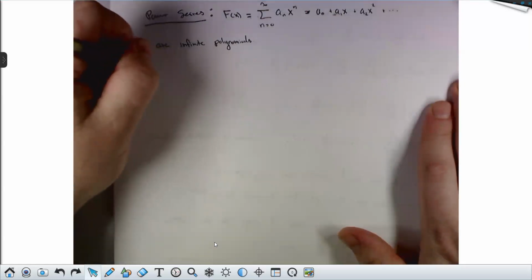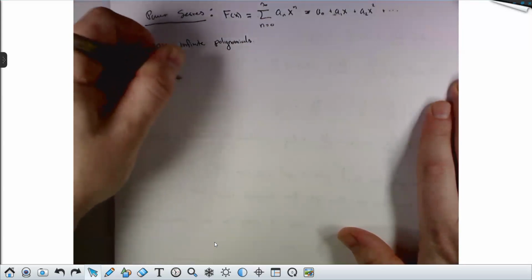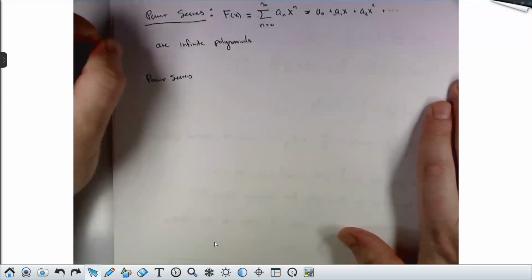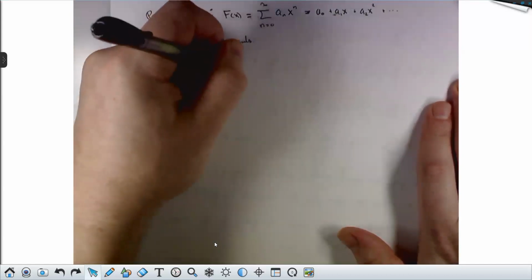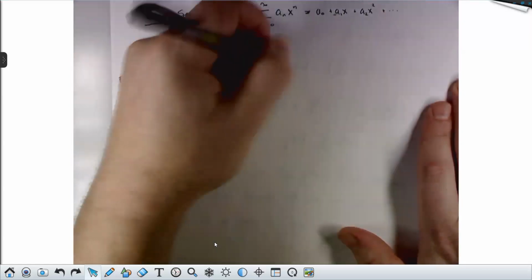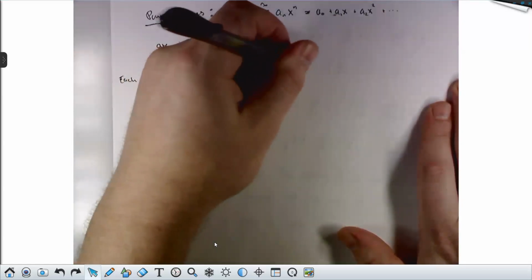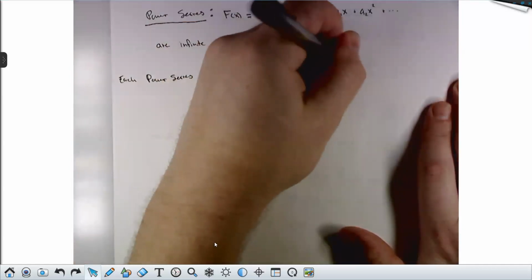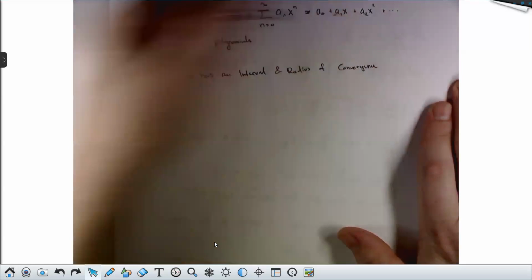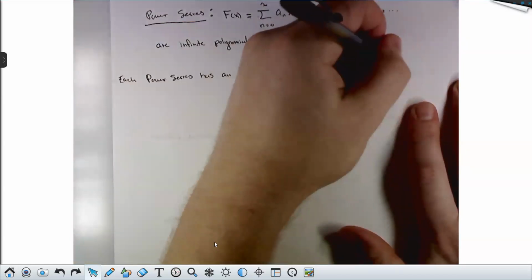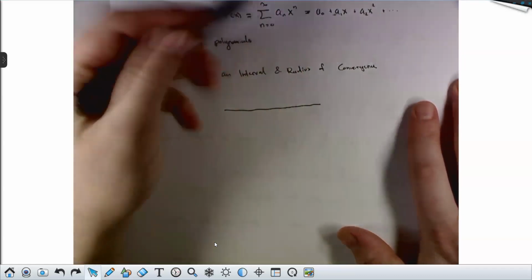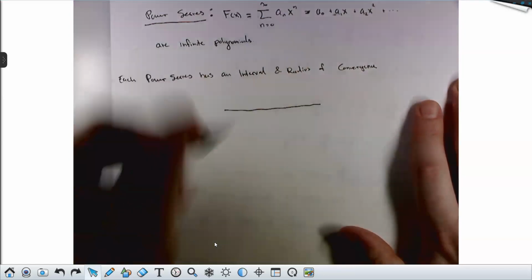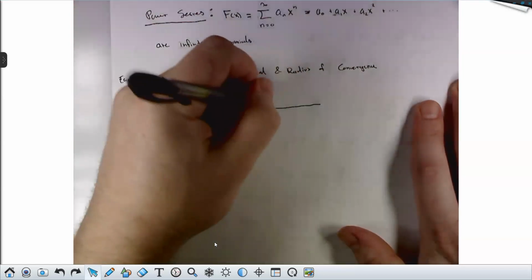These converge so that they possess something called an interval and radius of convergence. So I should say this series is centered at 0. More generally, they could be centered at a.